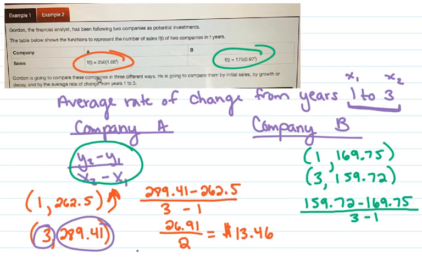I get negative 10.03 divided by 2, which is approximately negative 5.02. So the average rate of change from years 1 to 3 for company B is negative $5.02.